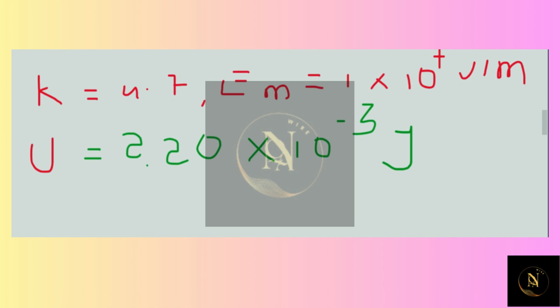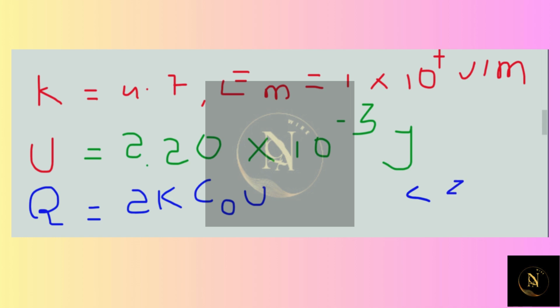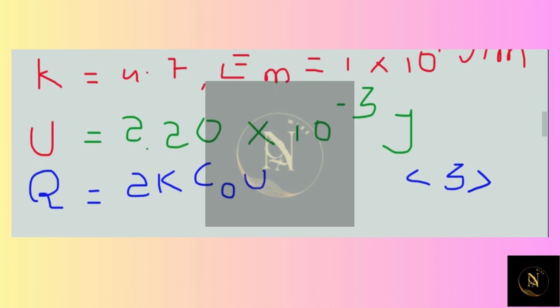Now moving toward the second part, the storage charge in the capacitor is related to the energy storage in the form of Q is equal to square root of 2K C0 U. Let's say equation number 3. Now let's plug our values for K and U into equation 3 for each material to get the storage charges.